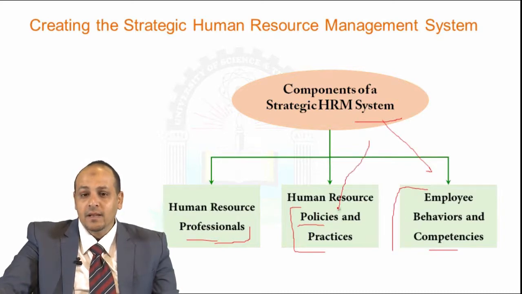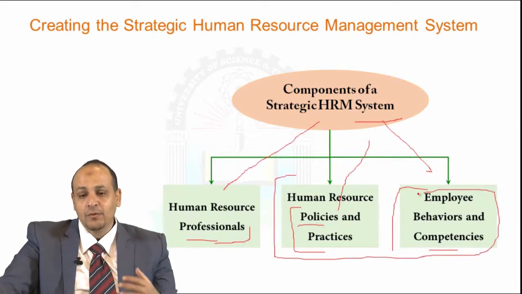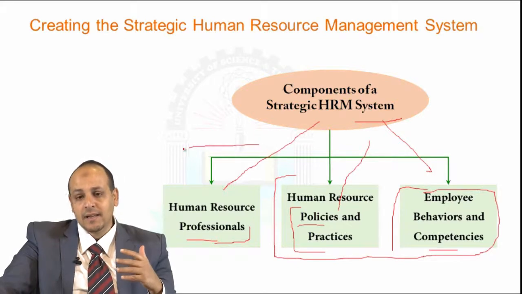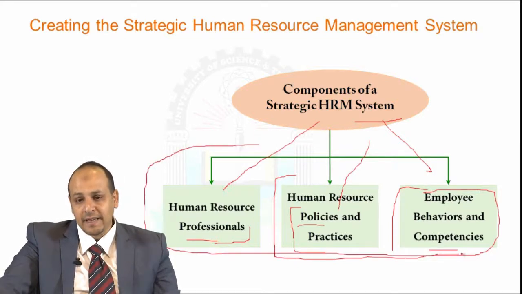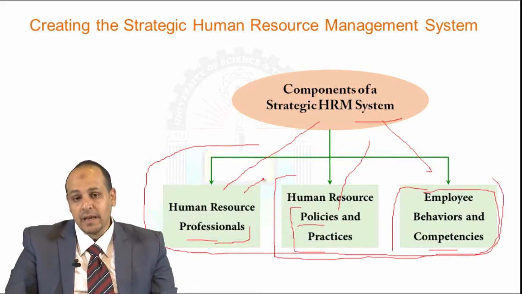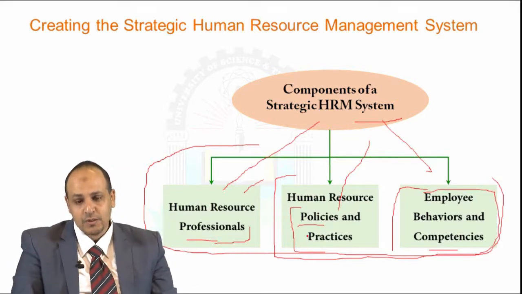So if we're talking about the human resource management system, we're talking about these three points. Professional, well-trained people, then standardized policies and practices, and at the same time, this will result in good behavior by employees. By this, we have a strategic human resource system.